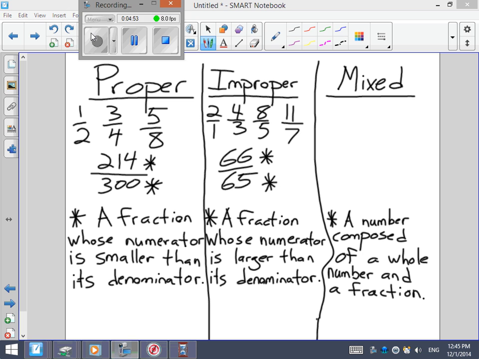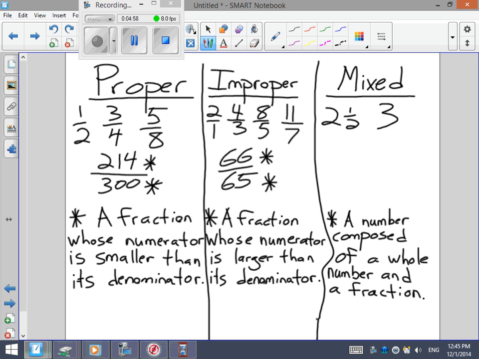You can have 2 1/2, 3 1/3, 4 and 2/7, 101 and 31 over 32. Those are all mixed fractions, because they have a whole number and a fraction.